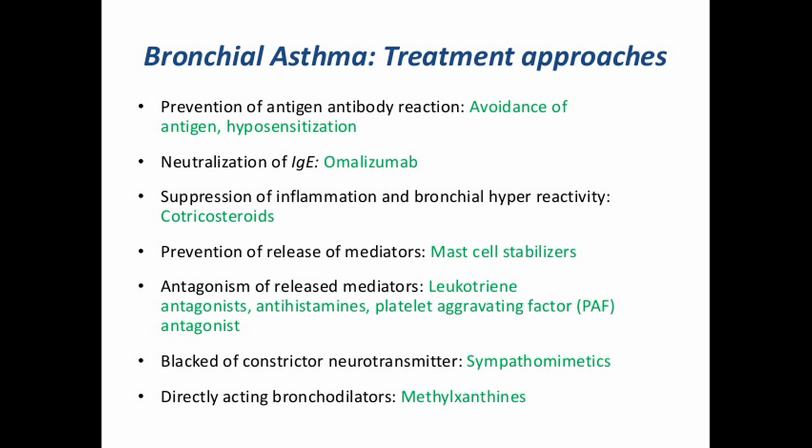A stepwise approach, step up if necessary and step down when possible, to asthma management continues to be used in the current guidelines and is now divided into 3 groups based on age: 0 to 4 years, 5 to 11 years, 12 years and older.